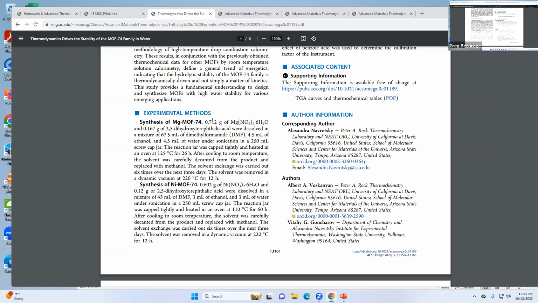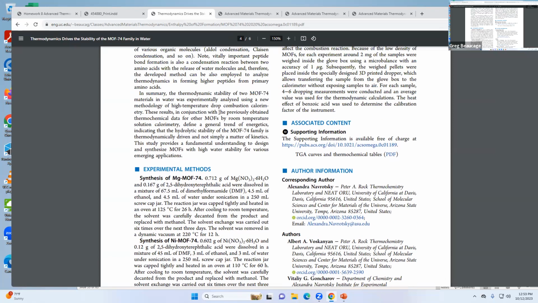So to get these enthalpies, instead of using a differential thermal calorimeter or a thermal gravimetric calorimeter, there's another type of heat measurement: a bomb calorimeter, which means you literally throw it into a bomb. A bomb is a closed metal chamber, and you put something in that explodes in it.